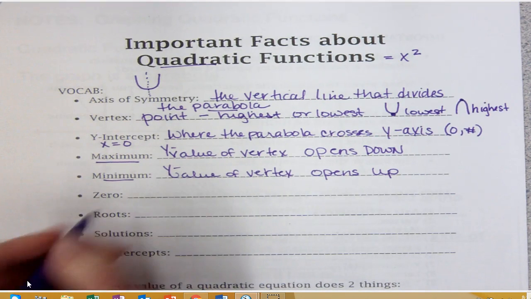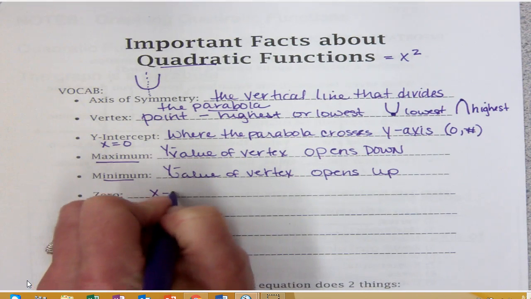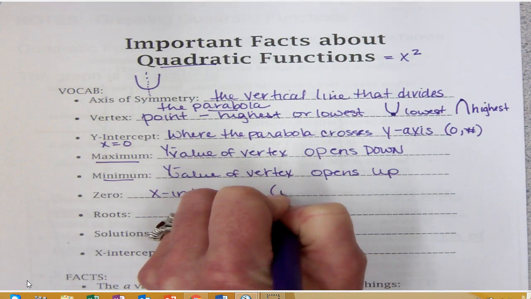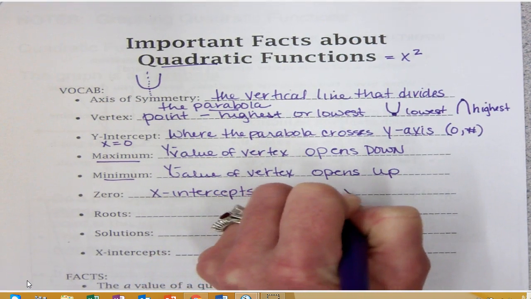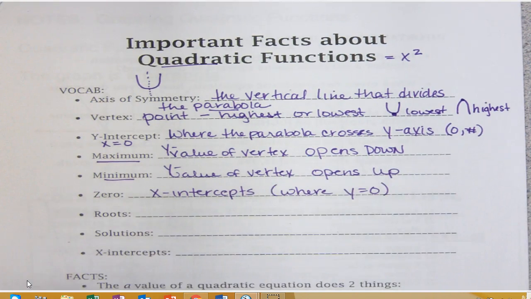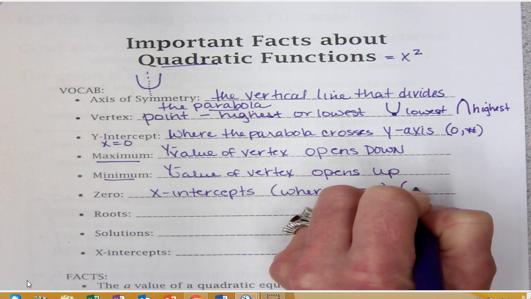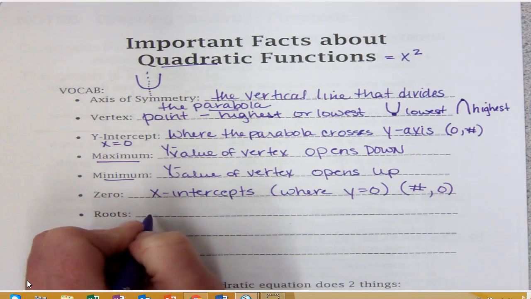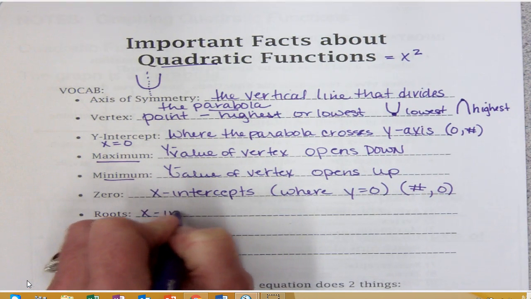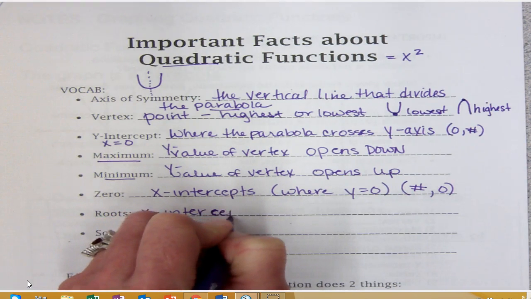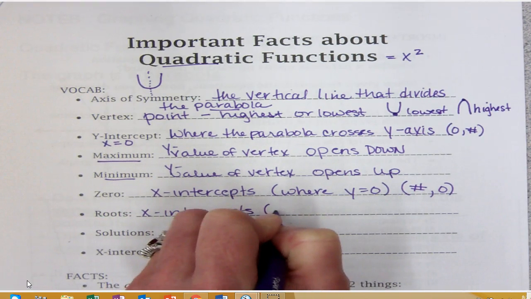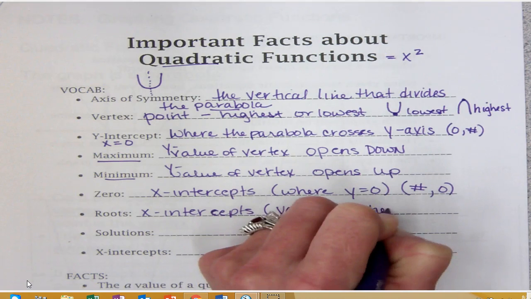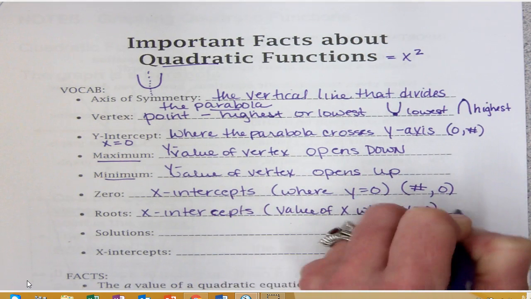Okay. Then we have our zeros, and these are our x-intercepts, where y equals 0. So you have whatever number that is when y is 0. You have your roots, which are the same thing, your x-intercepts. Value of x when y equals 0.